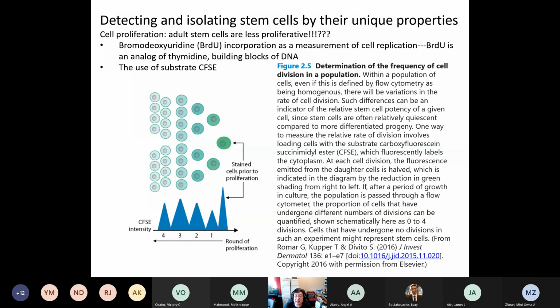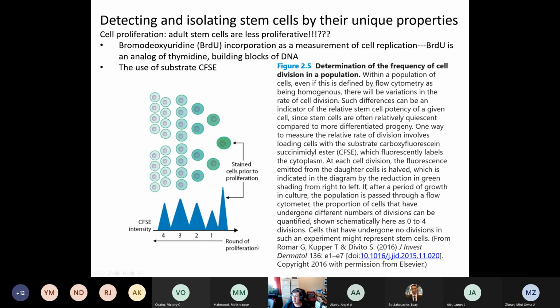And now you can use a flow cytometer to analyze the intensity of the fluorescence. Like in this example, it's not about BrdU, but rather we're using a substrate, CFSE, which is carboxyfluorescein succinimidyl ester. So there's a long name, CFSE, but once you get it into the cell, some enzyme will make this dye glow fluorescence.